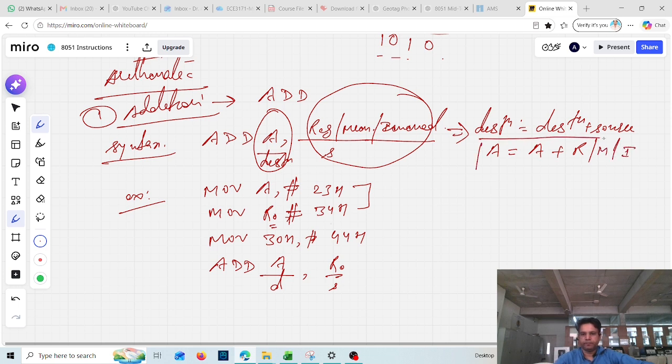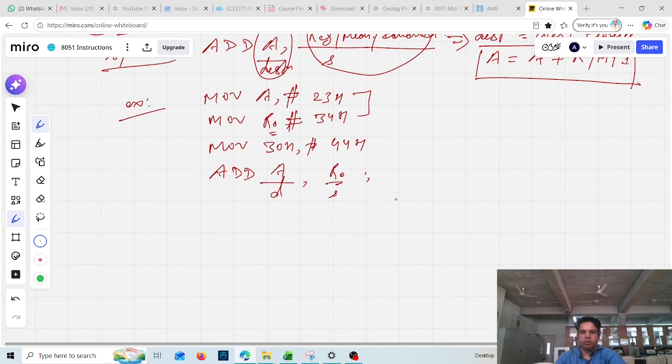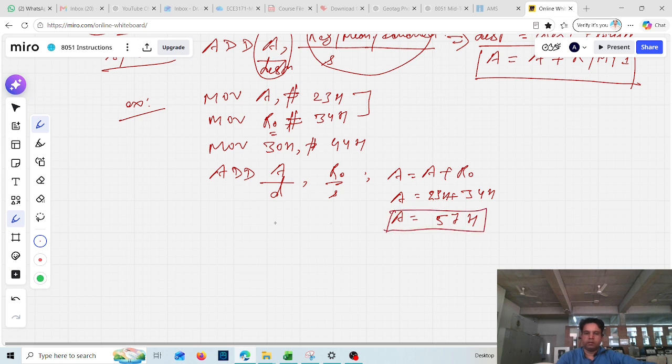When you write ADD A comma R0, the value of A will be A plus R0. The value of R0 is 34H. It will be added with the value of A, which is 23H, and stored in A. So the A value will be 3 plus 4 is 7, and 2 plus 3 is 5. This is the answer after execution of this instruction.